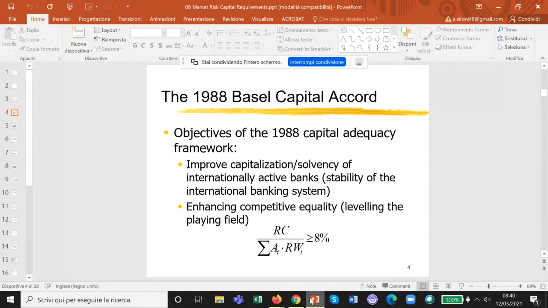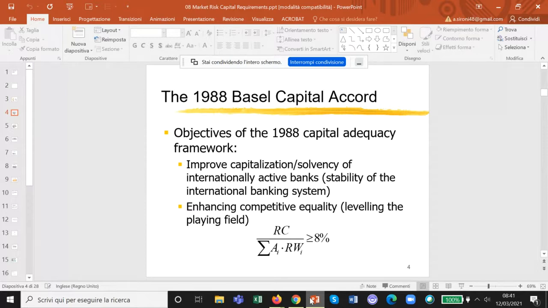So basically, they managed to persuade the Basel Committee to put forward a proposal for a common system of capital requirements that was designed, as you probably know, as a simple ratio. What you see in the numerator here is regulatory capital, and on the denominator we have the risk-weighted assets of each bank.